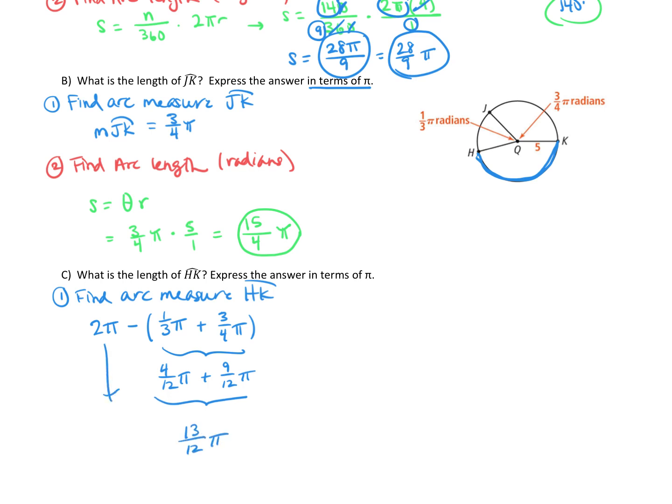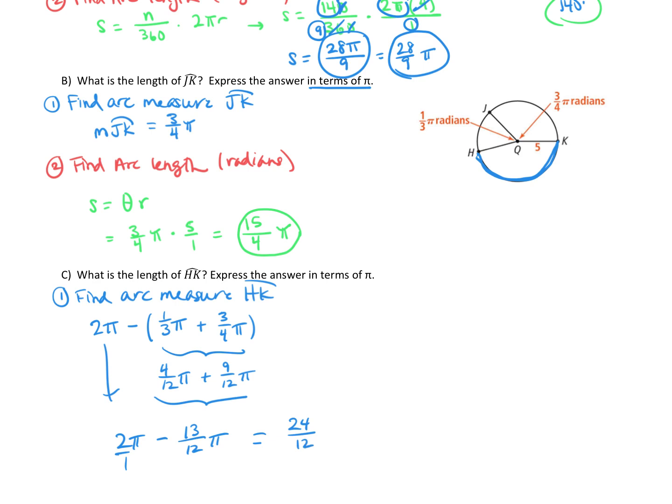So I'm just going to carry this down. 2 pi minus 13/12 pi. Again, I know you could do 2 minus 13/12 to get that, but it's always good to think about fractions. If I can write this 2 pi in terms of 12, remember that's a 2/1, I can just multiply those by 12 and I get 24/12.